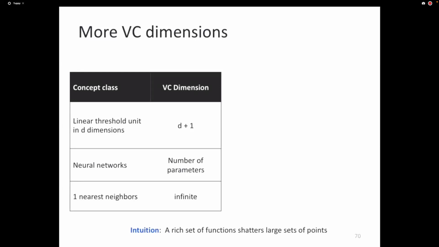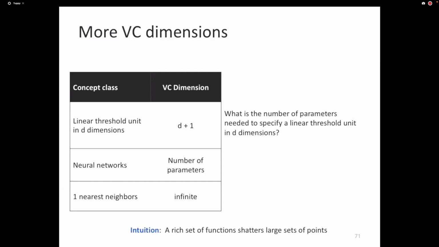A very simple class of functions, which we'll cover at the end of the semester, is called one nearest neighbors. Turns out one nearest neighbor has an infinite VC dimension, which is kind of peculiar because this might be one of the oldest types of machine learning algorithms that exist. Just an interesting anecdote.